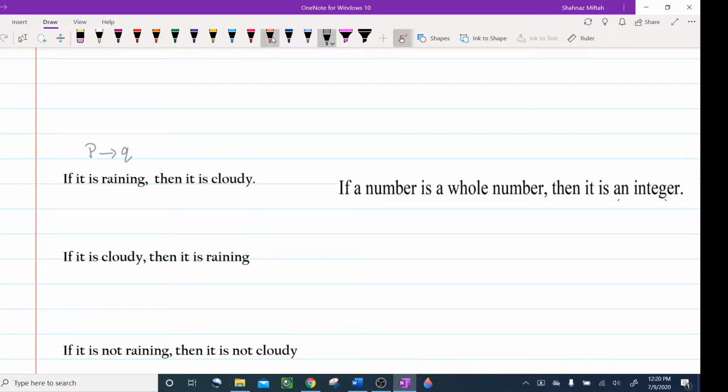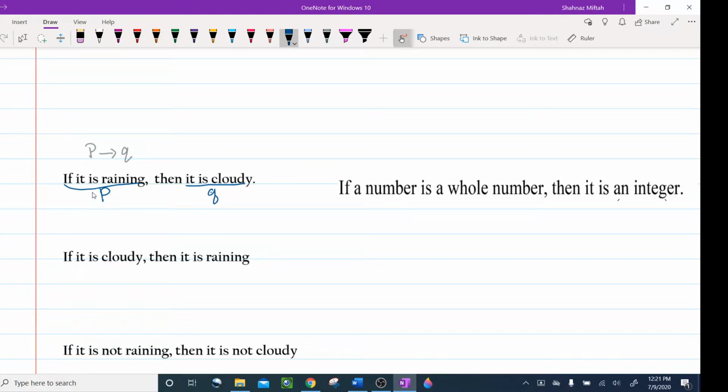So the hypothesis P is it is raining, and the conclusion Q, after then, is it is cloudy.